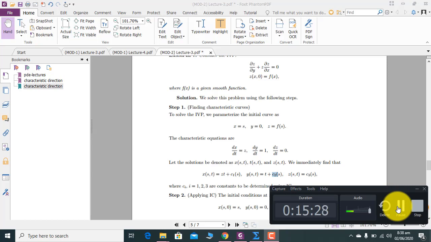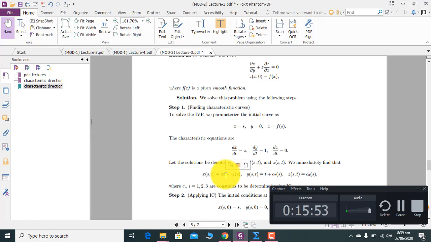Now in order to find the variable x, you put the value of z. If you put the value of z here, the answer will be zt plus a constant. It is not better to write zt, because z can be any variable and it depends upon t, so this will be part of your integration. It is not suitable.